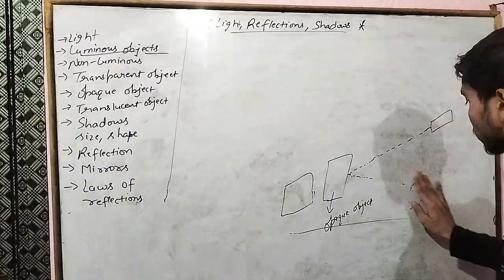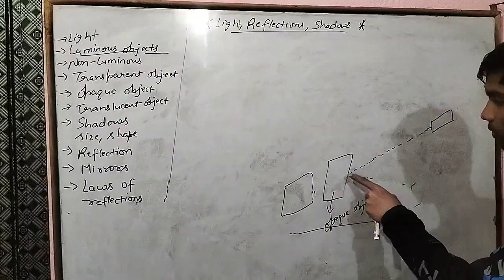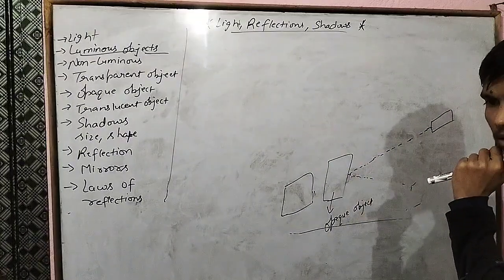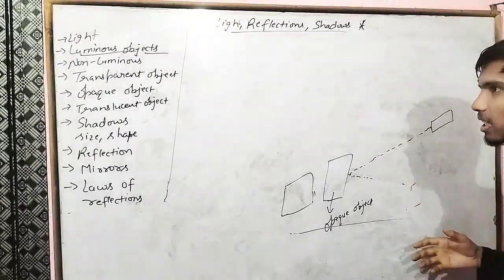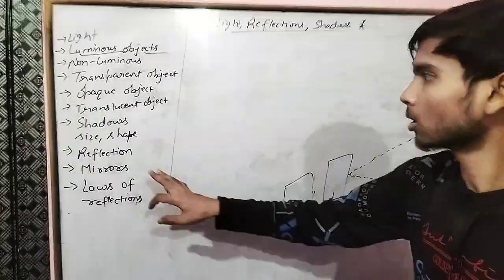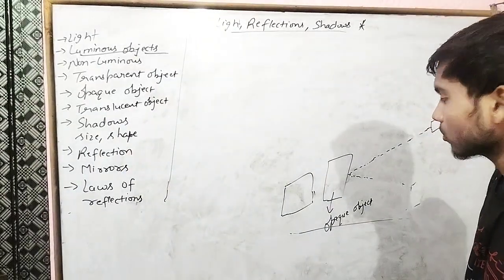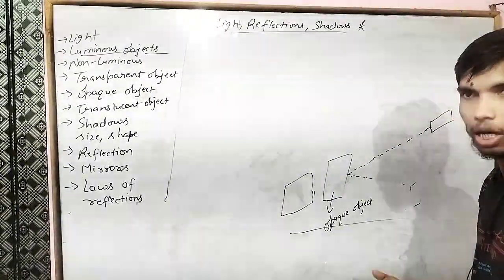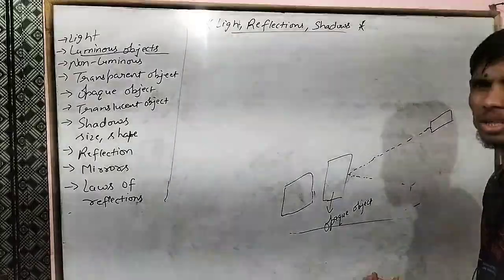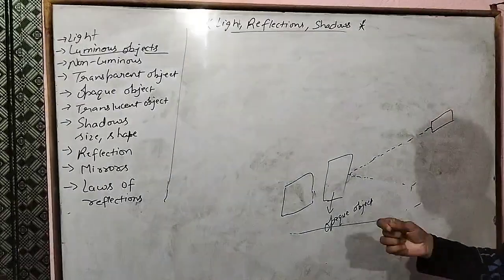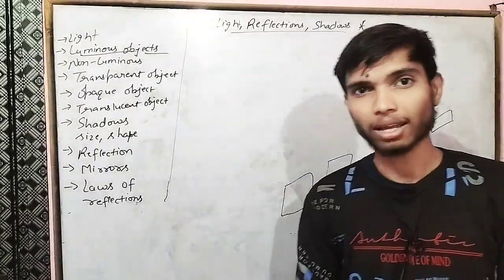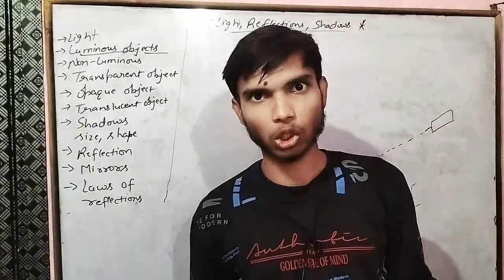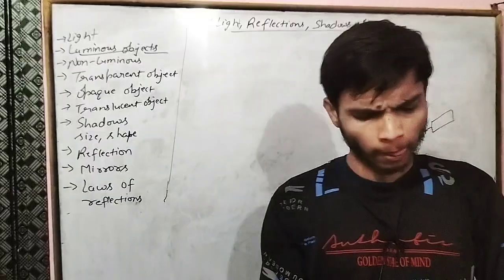Let's suppose this is source light. Light is falling on here. I think it's enough. Shape. If the size of a shadow is large, we understood about it. So shadow gives us additional information of light of reflection.